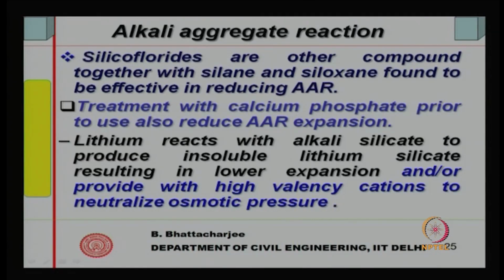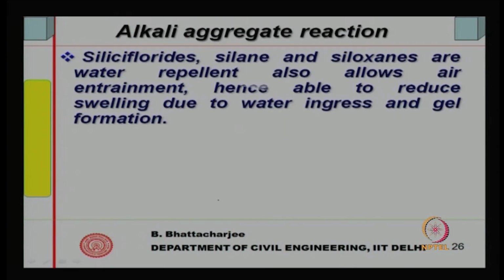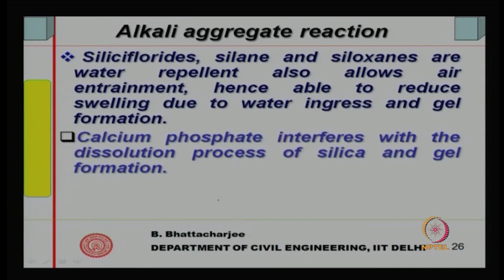So, lithium in a second way it acts is it provides high valency cations to neutralize osmotic pressure. So, that is how alkali aggregate reaction can be controlled by use of this kind of inhibiting admixtures, alkali aggregate reaction inhibiting admixtures.